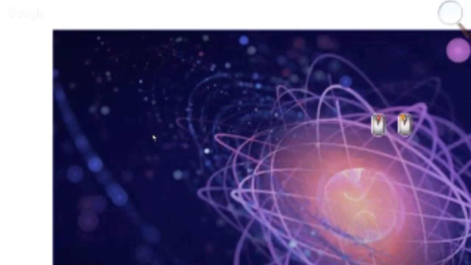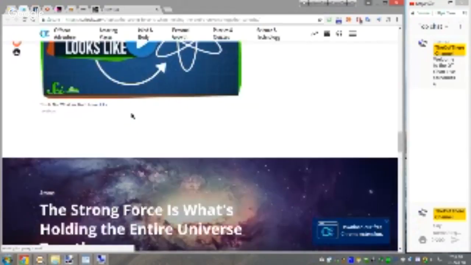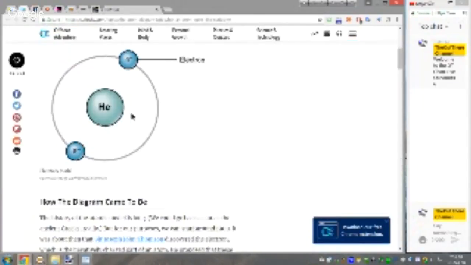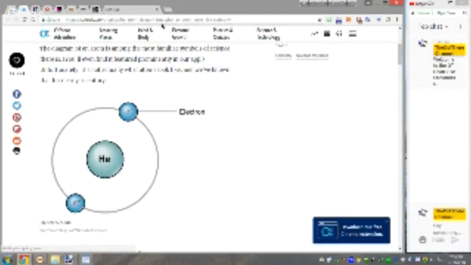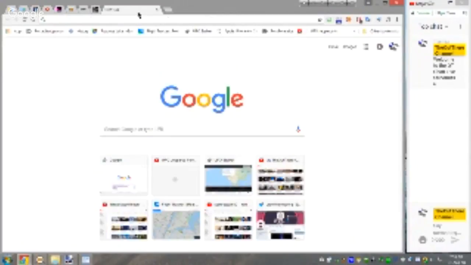So they've got a little video there. So that's on that page. There's probably some other pictures that we can bring up. Atoms 3D, maybe.